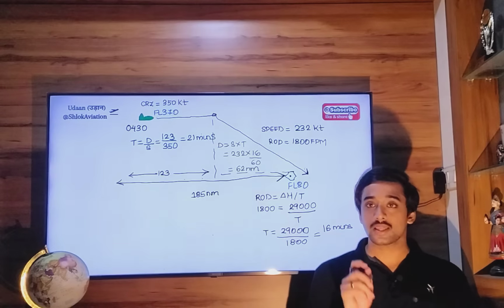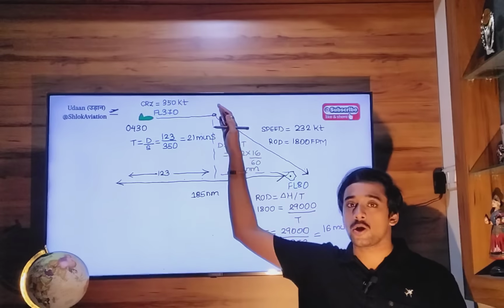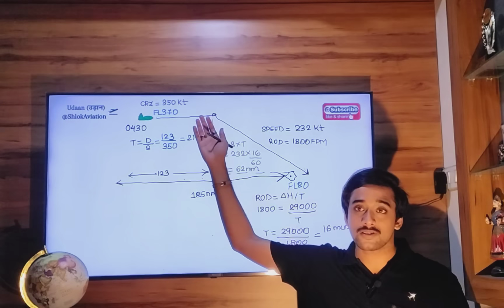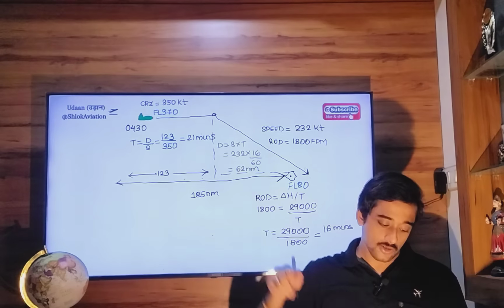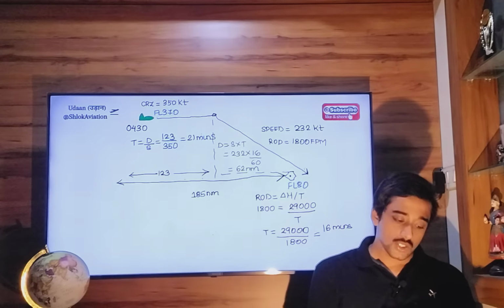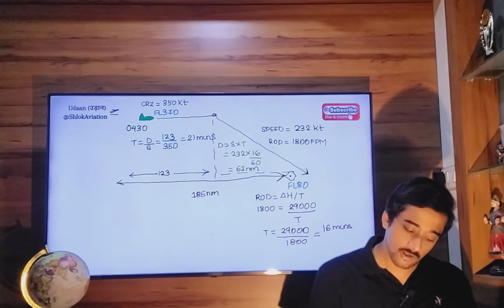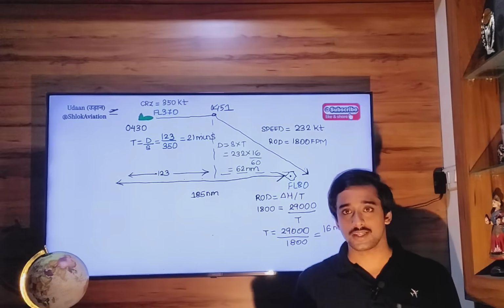So you will require 21 minutes to travel from this point to the point of descent, or top of descent. So 4 hours 30 minutes plus 21 minutes equals 4 hours 51 minutes. That means you will begin your descent at 4 hours 51 minutes.